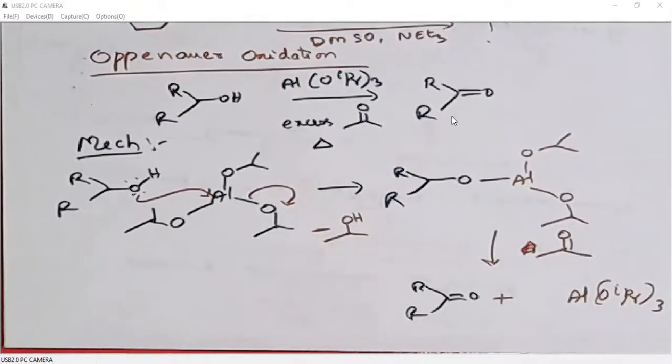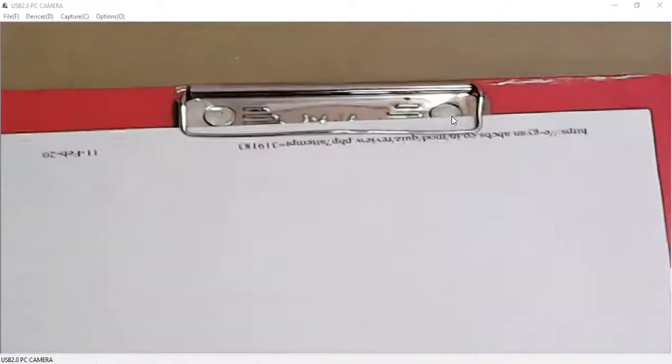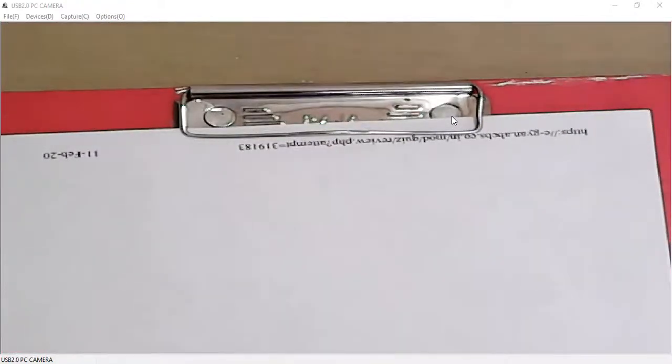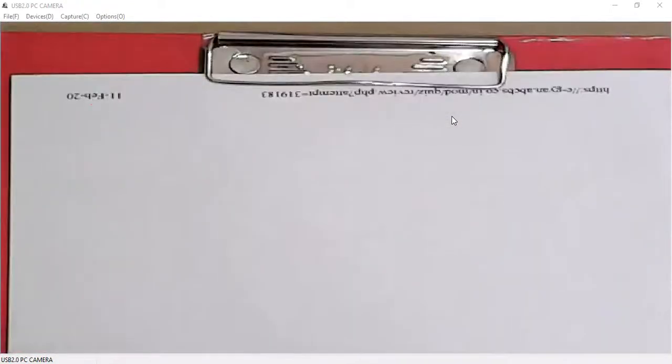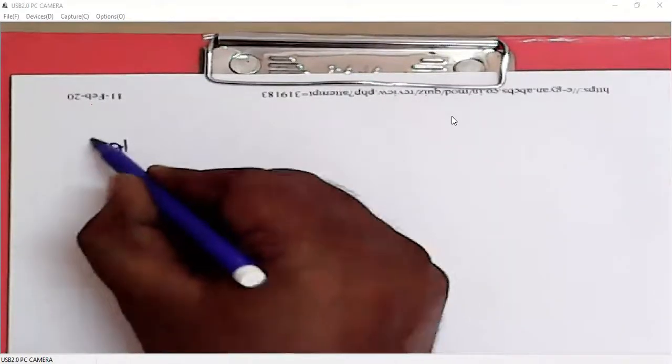I will show you how this oxidation and reduction will take place. I am changing this. Take a snapshot. So the oxidation of alcohol and the reduction of acetone will take place simultaneously. I will explain this.